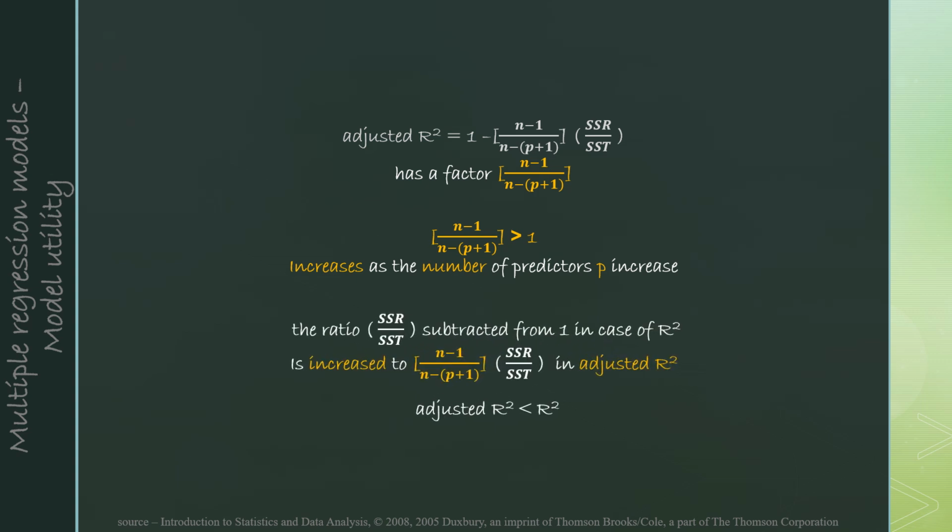Therefore, the ratio SSR divided by SST subtracted from 1 in case of R square is increased to n minus 1 divided by n minus p plus 1 multiplied by SSR divided by SST in adjusted R square, resulting in adjusted R square value that is always less than R square.